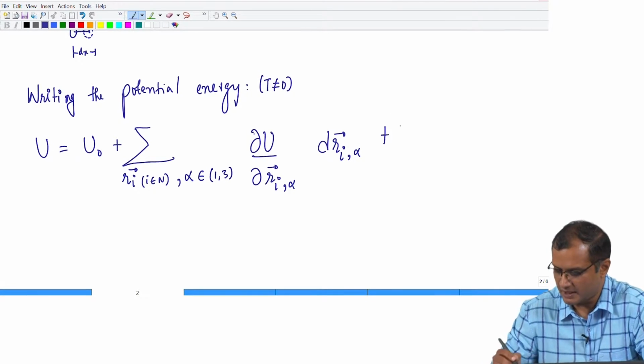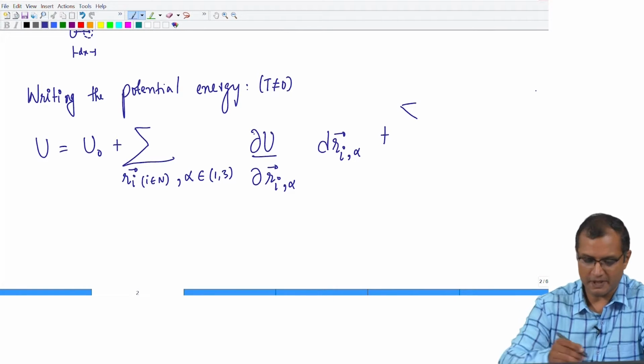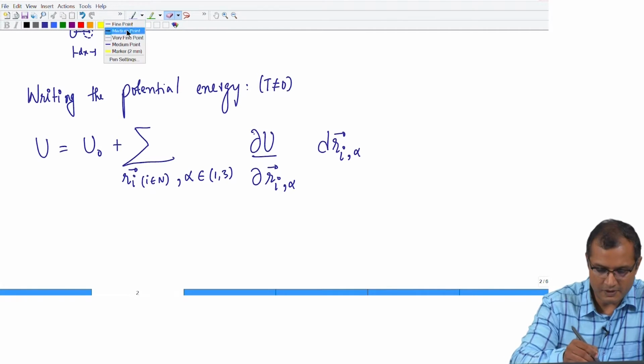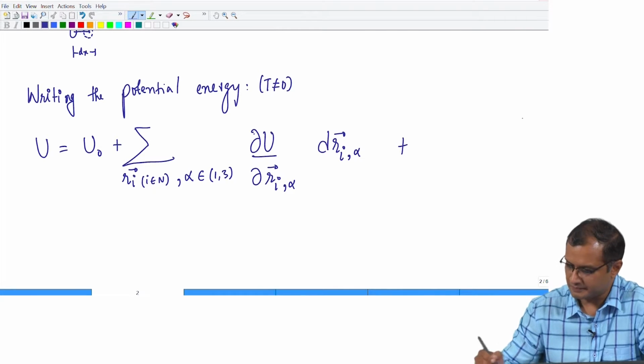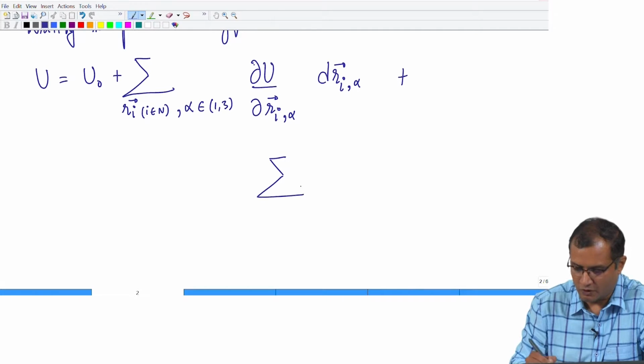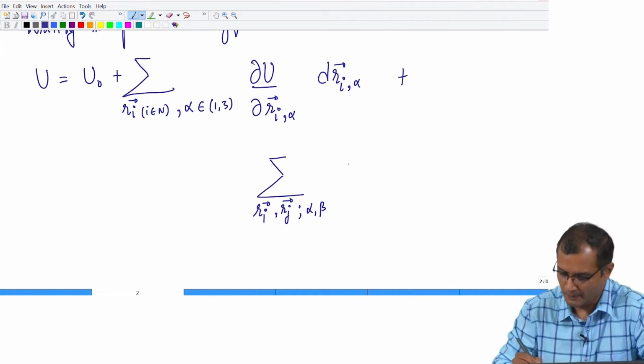Then I am going to write down the second order term, and due to the limitations of the space I am going to write the second order term below this. So, the second order term is summation over all ij's and alpha betas, okay, of the second derivative.